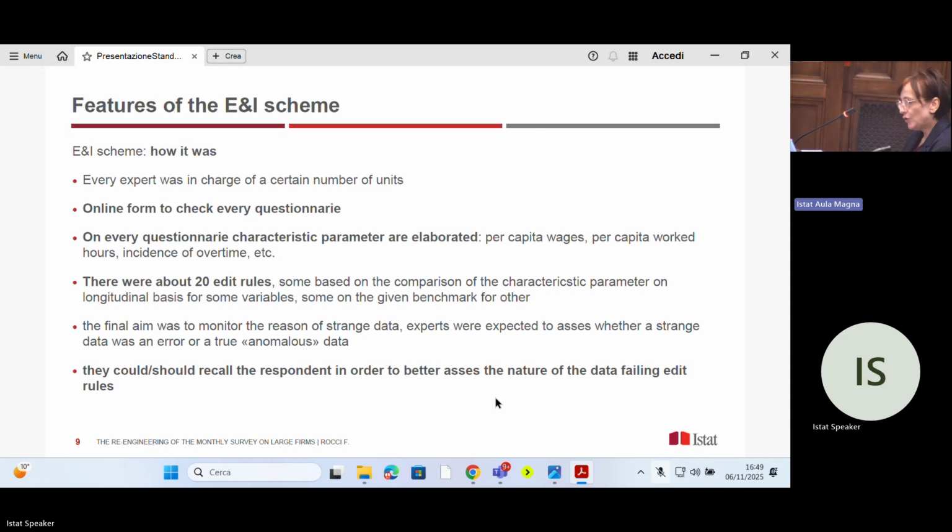There were about 20 edit rules, some based on the comparison of the characteristic parameter of some variable on a longitudinal basis, others on given benchmarks. The final aim was to monitor the reason for strange data. Experts were expected to assess whether a strange datum was an error or a true anomalous datum. They should recall the respondent in order to better assess the nature of the data failing edit rules.